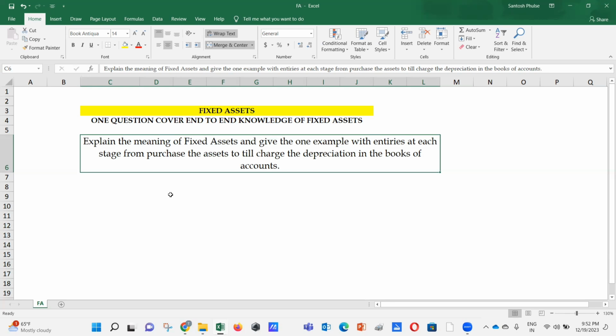Yes, we have to charge this entry, and at the end of the year we will reverse the accumulated depreciation to the fixed asset account. That is the idea.